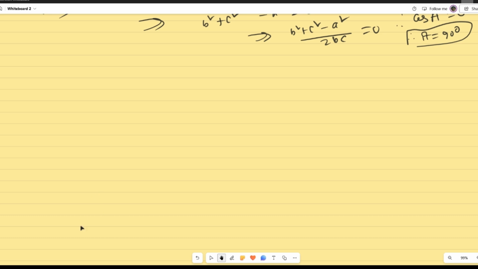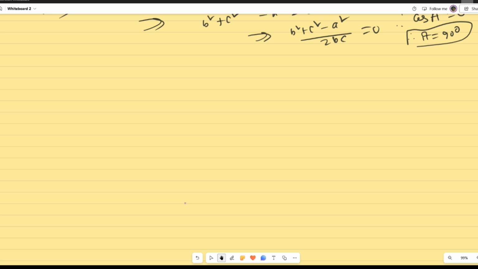What do you get? This is root 3 by root 2 into root 2, ah, this will be root 3 by 2. The left side is sin of A plus 45, which is root 3 by 2. Root 3 by 2 is sin 60. So A is 15 degrees.